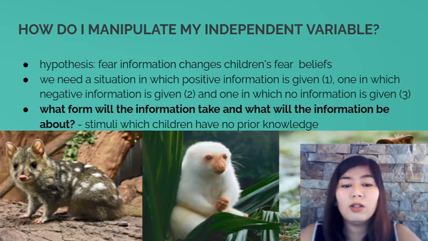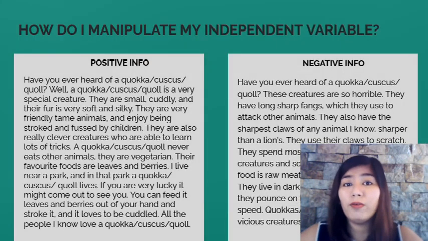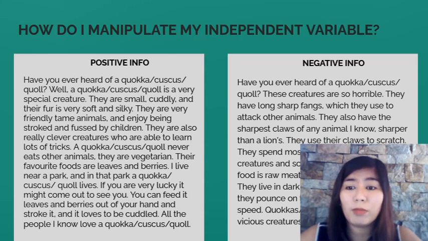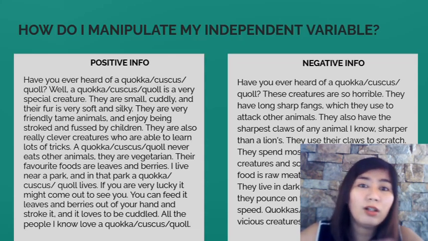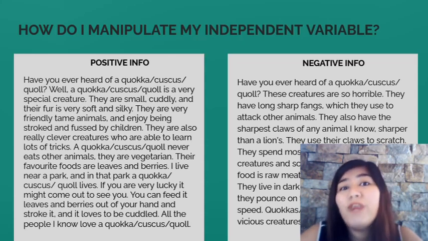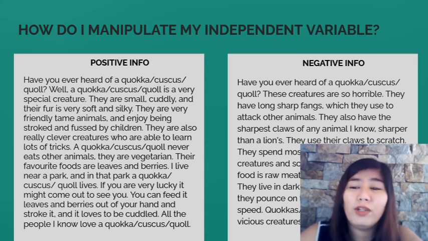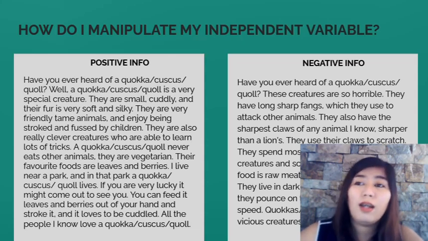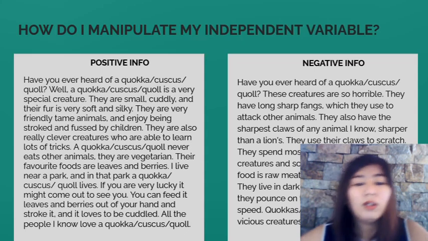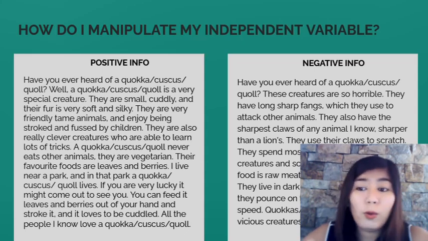The way they presented the information is the manipulation of the independent variable. Positive pertains to them being cuddly, friendly, and approachable. Negative information defines them as animals that are dangerous and vicious. And another is no information at all, so that's the control.